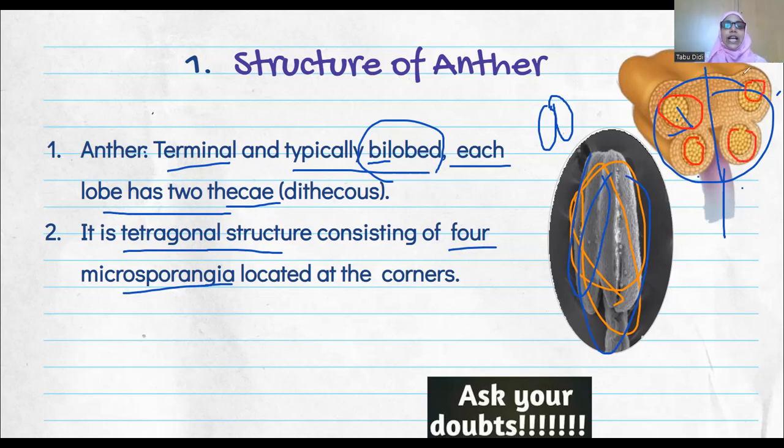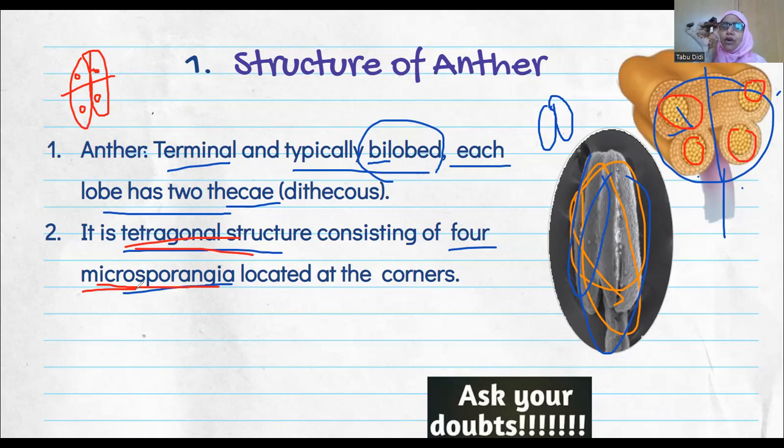From outside, it will be a bilobed structure. When you cut it, you will see four structures in it. These microsporangia are located at the four corners. In this case, you will call it a tetrad or tetragonal structure.